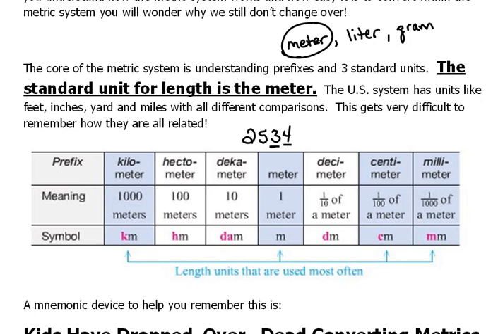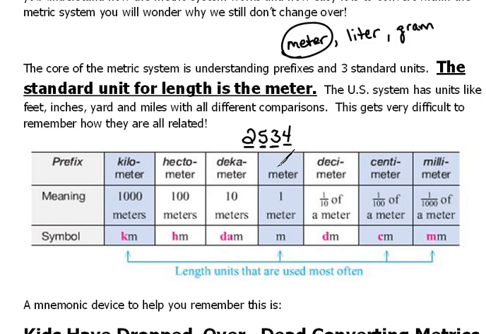This is our tens position. This is our hundreds, and this is our thousands. That's exactly what we're working with here. Our ones position is our original units. Our tens position is deca. The hundreds is hecto. And the thousands is kilo.